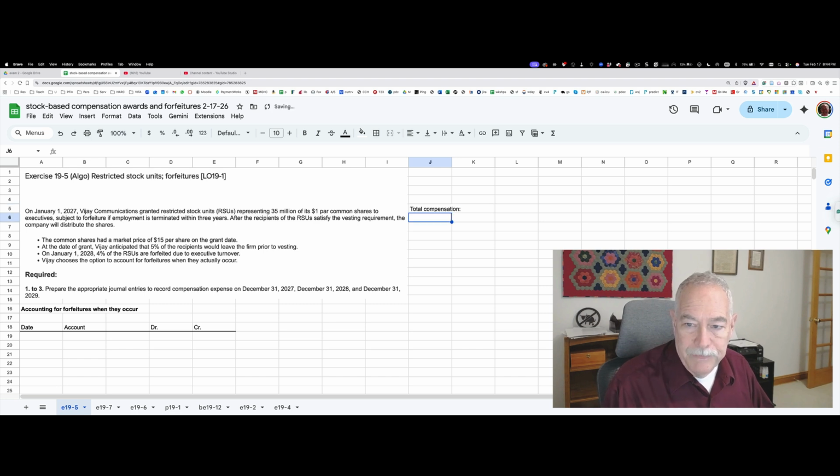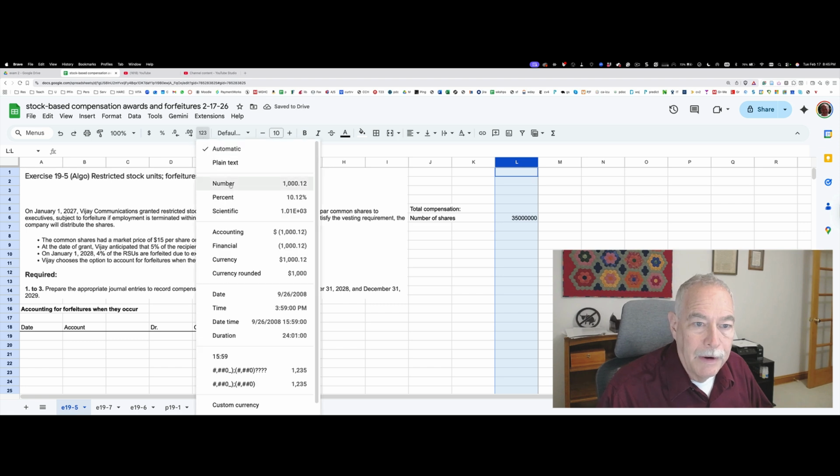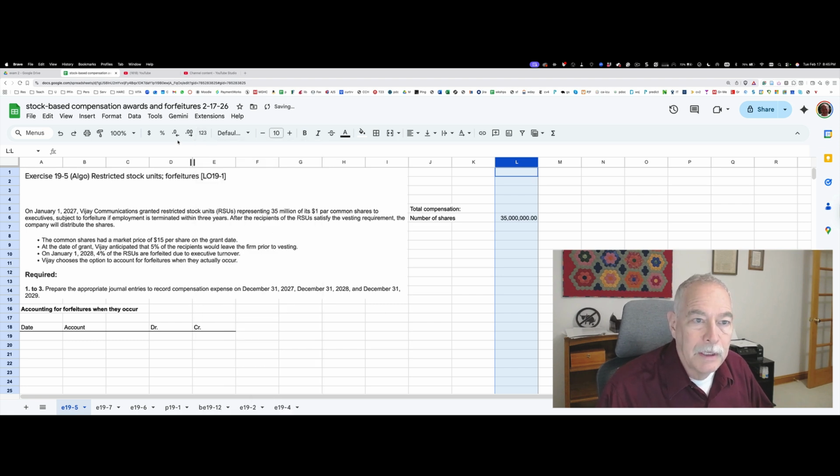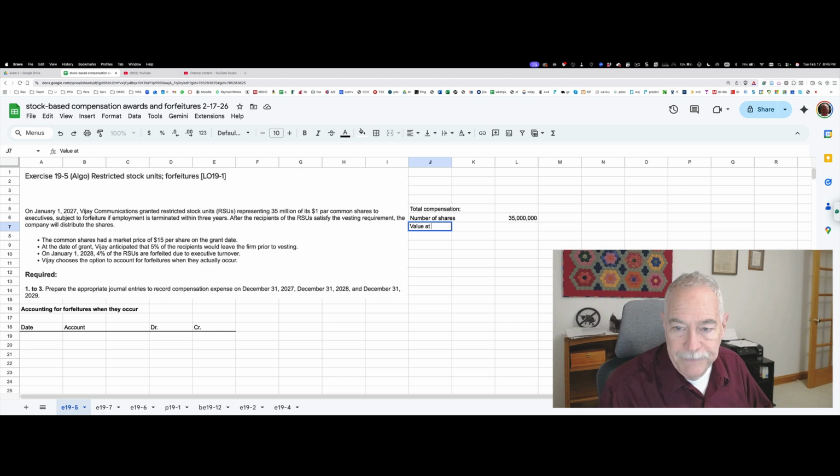and that's going to be the number of shares, 35 million, and the value at grant date is $15 per share.